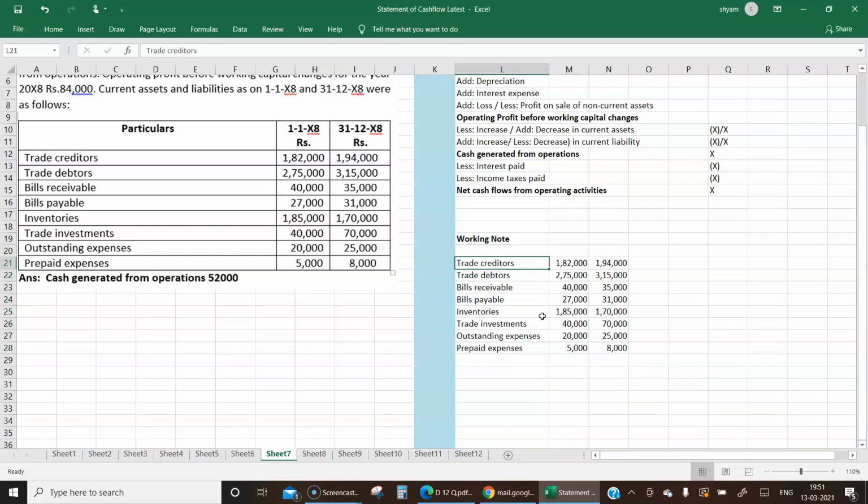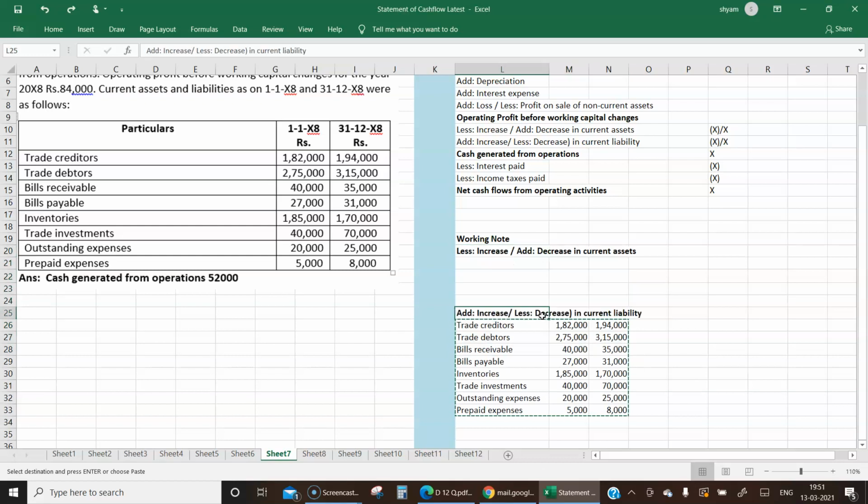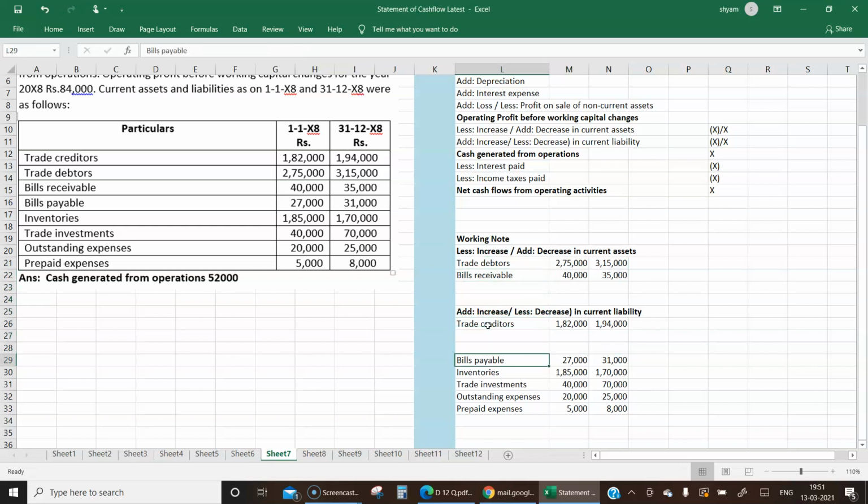So I will first set up two headings. One is current asset, and the other is current liability. First we'll assign each item to current asset or current liability like that. So this is a current asset, we'll put it here.